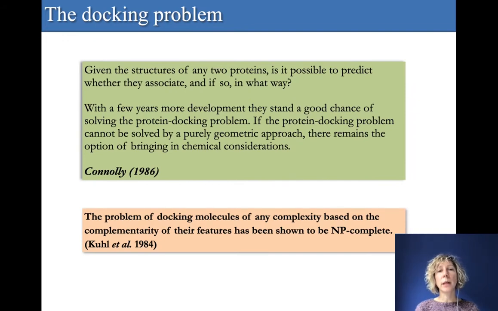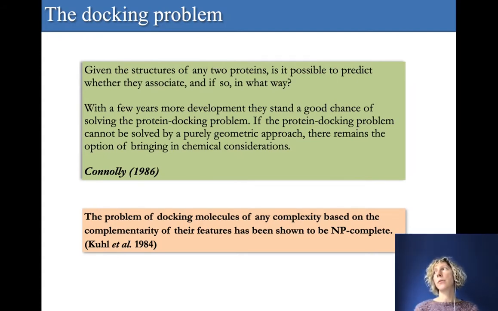So this problem has motivated the development of docking algorithms. And this problem of docking molecules of any complexity based on the complementarity of the features has been shown to be complete. So when you see the original formulation, you see that the problem includes whether they associate and how.